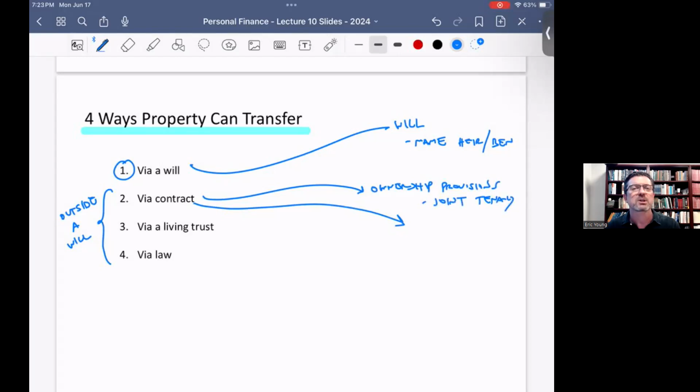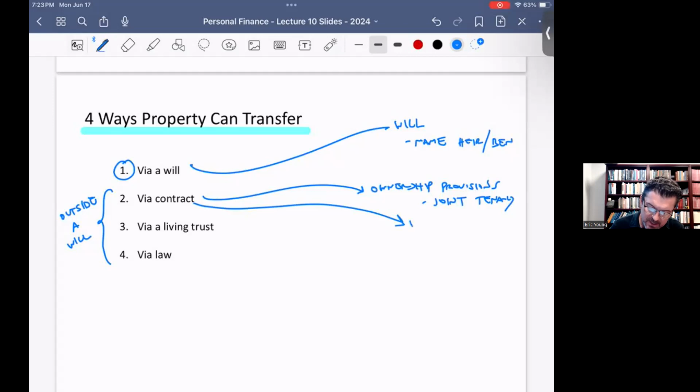If you own a house in joint tenancy with somebody else, when you die, since you're joint owners while you're alive, the house just goes to them with no need for it to be in the will. Okay, so ownership provisions and ownership contracts are one way to transfer property outside of a will.